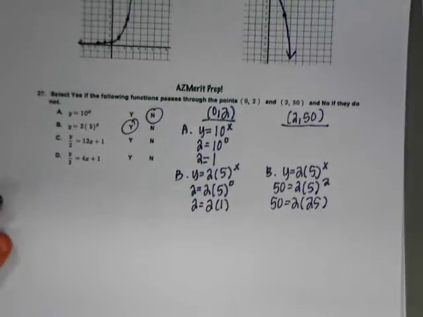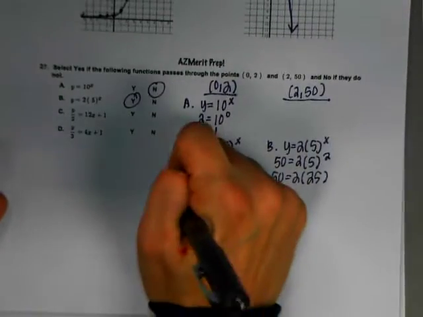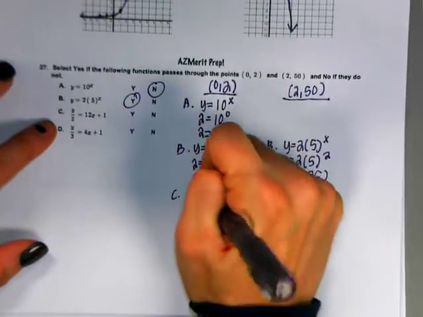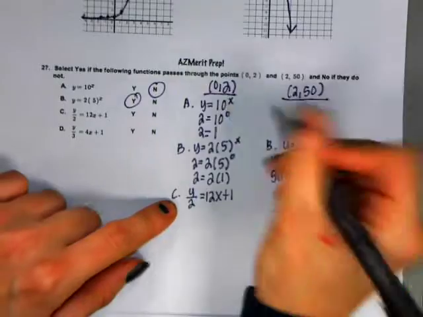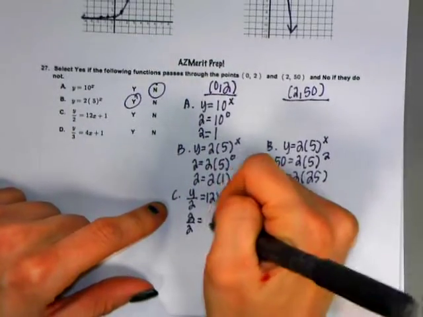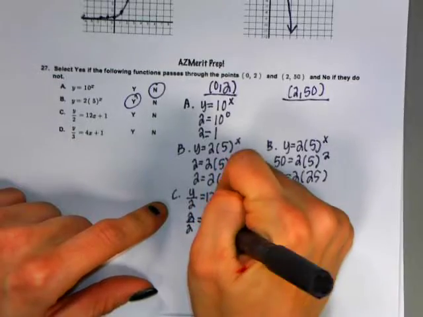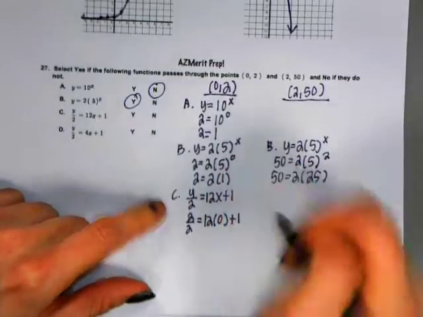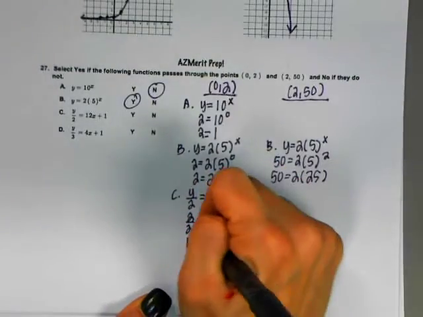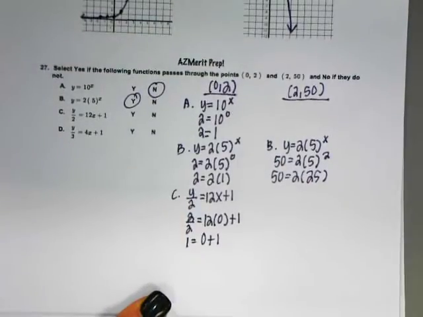Okay, let's try C. That's y divided by 2 equals 12x plus 1. So we're using (0, 2). So 2 divided by 2 equals 12 times 0 plus 1. Okay, 2 divided by 2 is 1. 12 times 0 is 0, plus 1. So does that work?